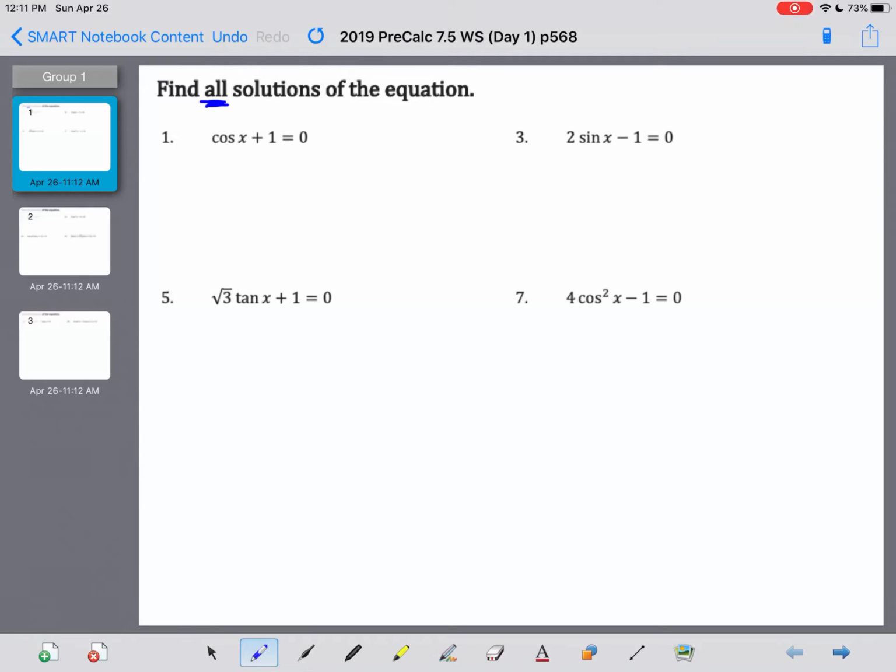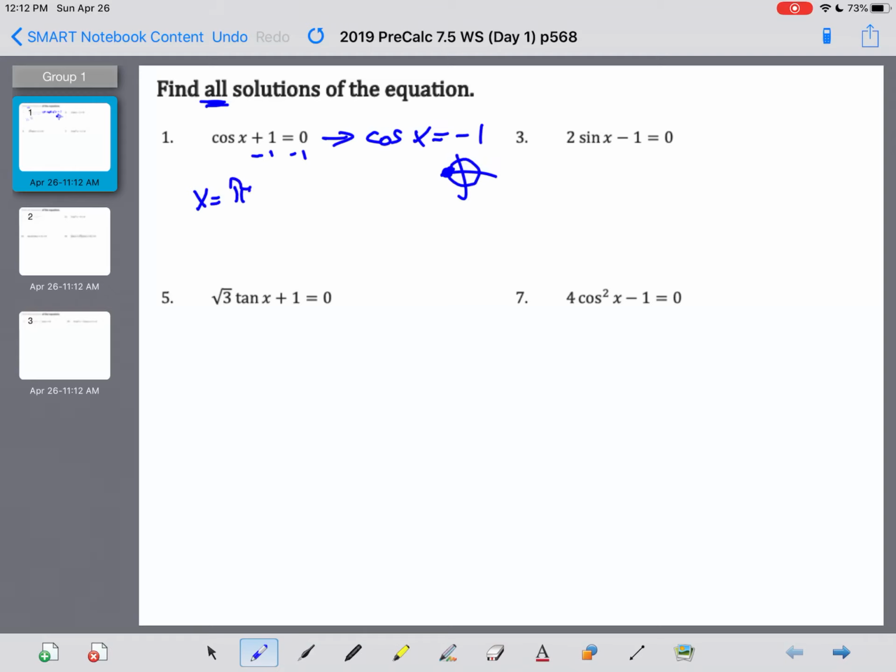First of all, we're going to subtract 1 over here. And again, that type of step you don't have to always write down. Okay, and then let's take a look on the unit circle. Where is the x value, -1? It's over here. So that means x will need to be pi.